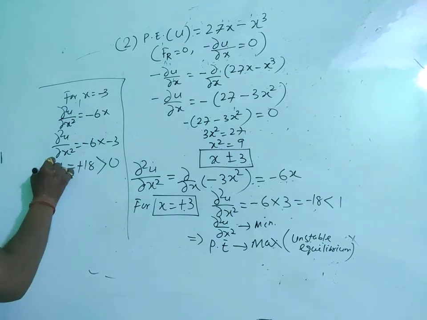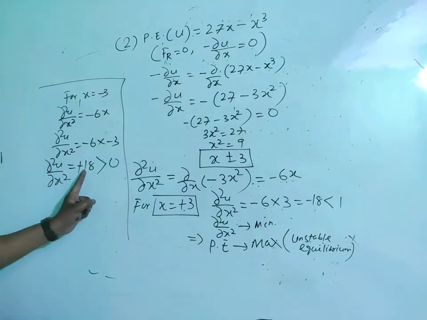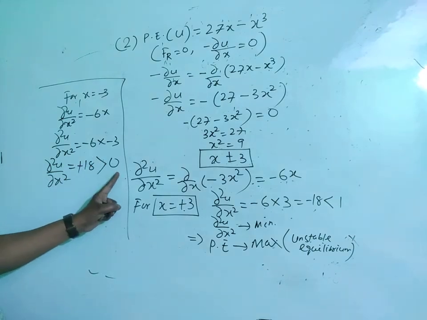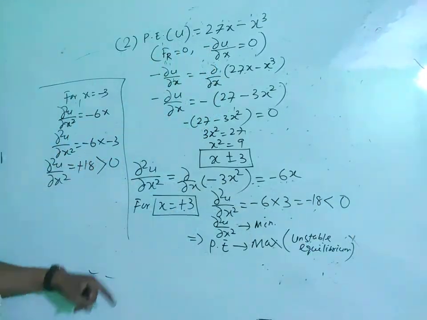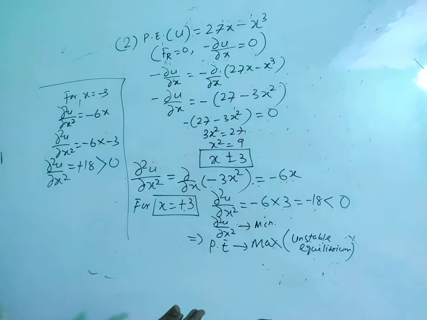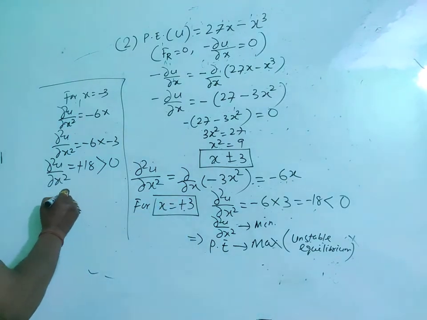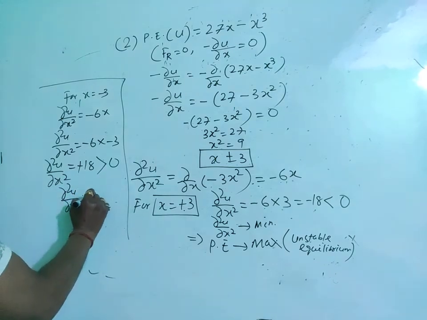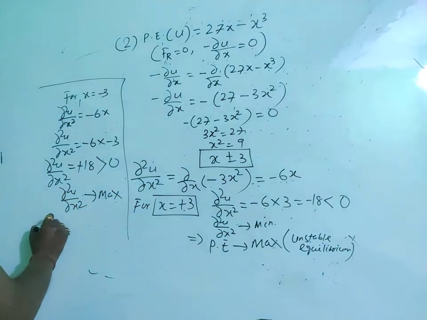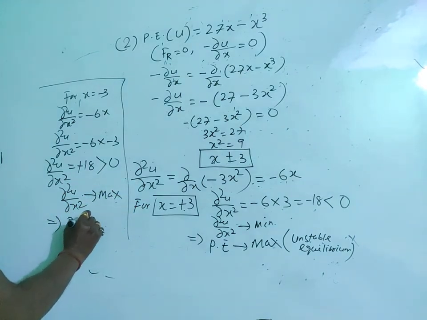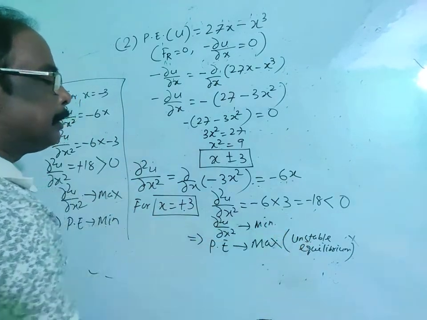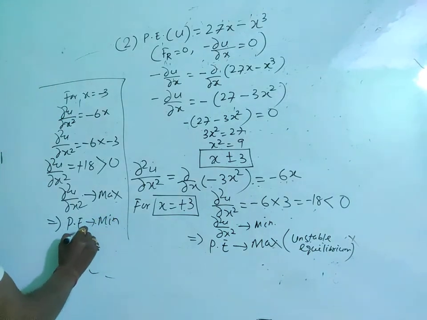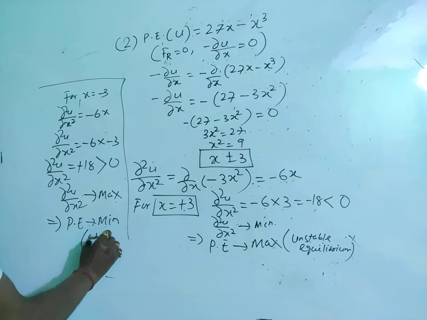Sorry, earlier it was less than 0, and this is greater than 0. So this implies potential energy is minimum. If potential energy is maximum, then this is unstable equilibrium. Here potential energy is minimum, means stable equilibrium.